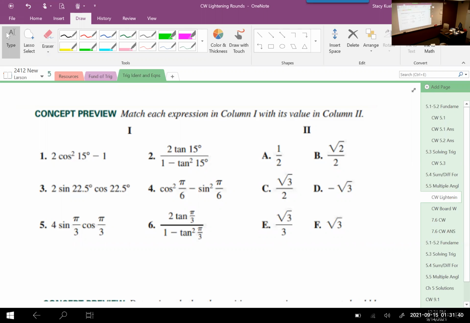Then multiply. Okay, I'm going to put these answers up here. Hopefully you have most of these copied down. And we're going to practice some more.